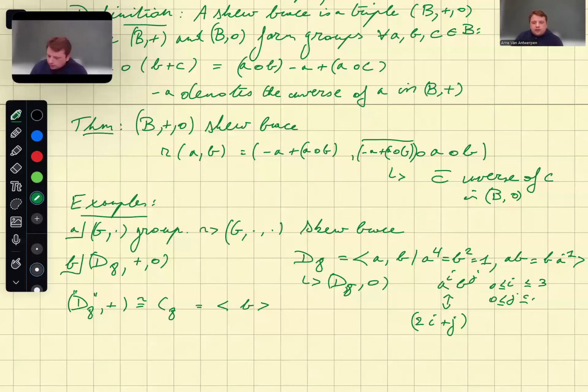So A corresponds to 2 times B, AB corresponds to 3 times B, etc. It's a nice example of a skew brace. You can do this for any dihedral group in this way, with then a cyclic group beneath it as the additive group.